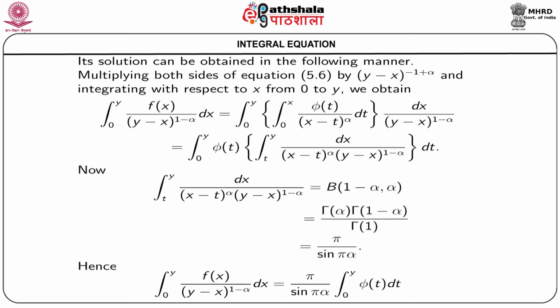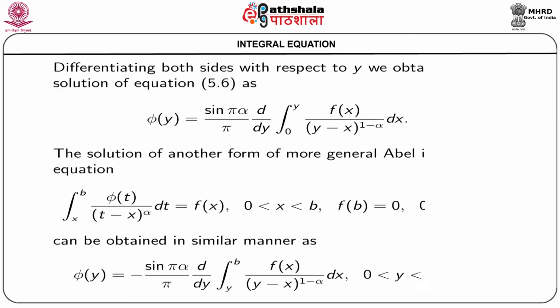So, to obtain phi t, we differentiate both sides of this expression with respect to y, and we get the solution of the slightly generalized Abel integral equation as phi y equal to sin pi alpha by pi d dy integral of 0 to y fx divided by y minus x to the power 1 minus alpha dx as given in 5.7.